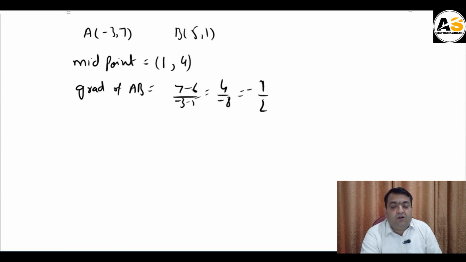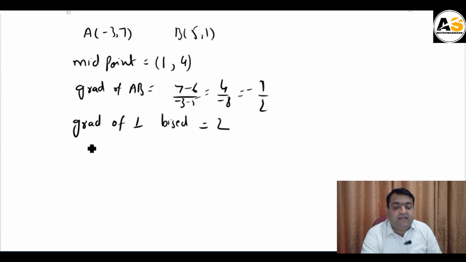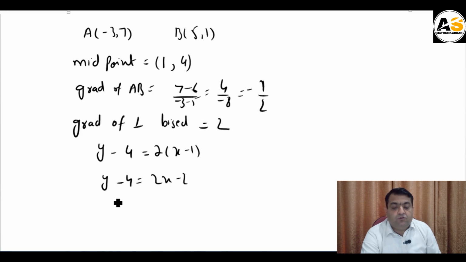Gradient of perpendicular bisector will be 4 by 3. Equation of perpendicular bisector will be y minus y1 is equal to m into x minus x1. Y minus 4 is equal to 2x minus 2. Y is equal to 2x plus 2.